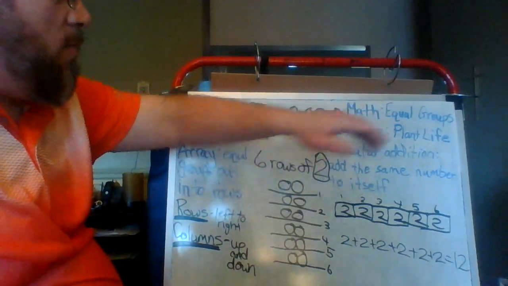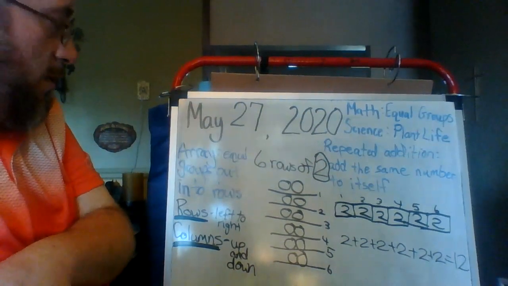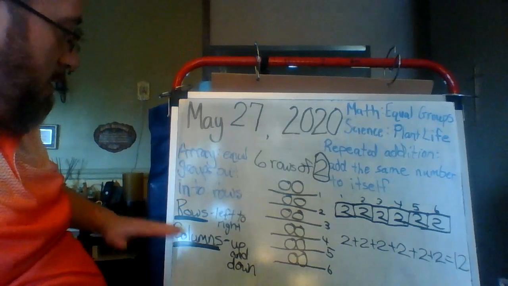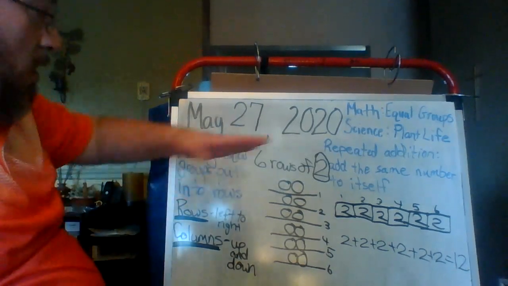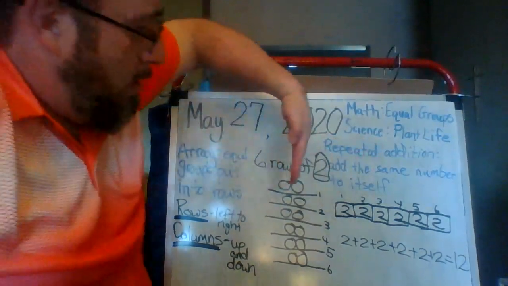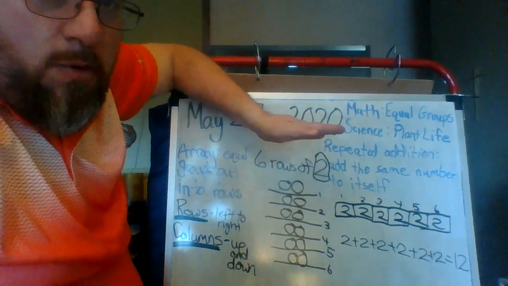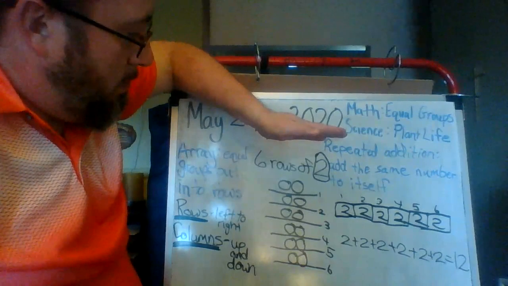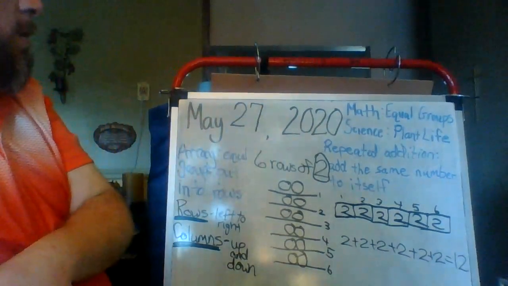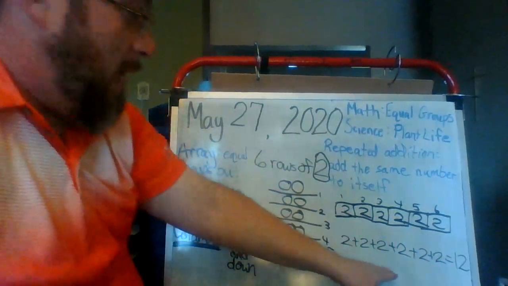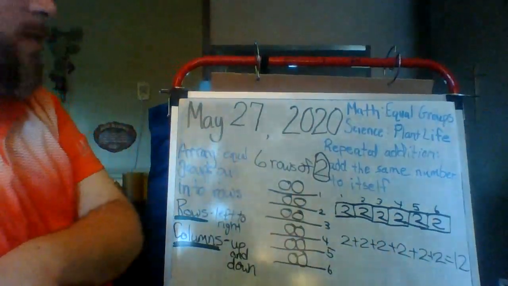So that's our math work on equal groups. Mainly keeping our new vocabulary straight, difference between rows and columns. Rows, columns. Columns are always up and down. Rows go left to right. Also, how to draw tape diagrams to help model your repeated addition to help you solve it.